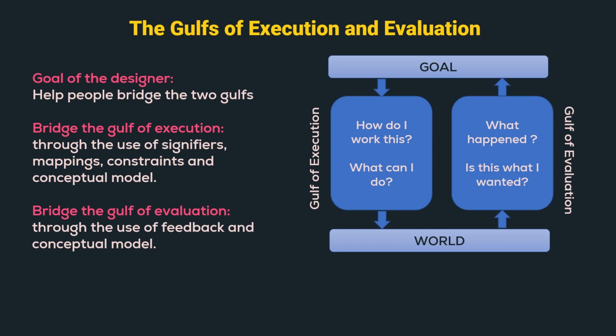However, if the user fails to understand how the machine works and performs incorrect operations, it is crucial to provide feedback to bridge the gulf of execution and evaluation. Thus, designers must also keep in mind that humans can make errors.